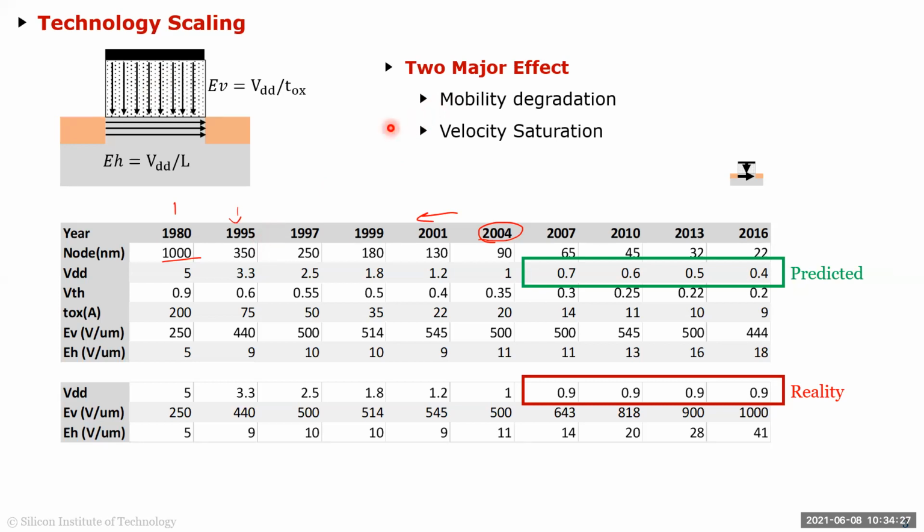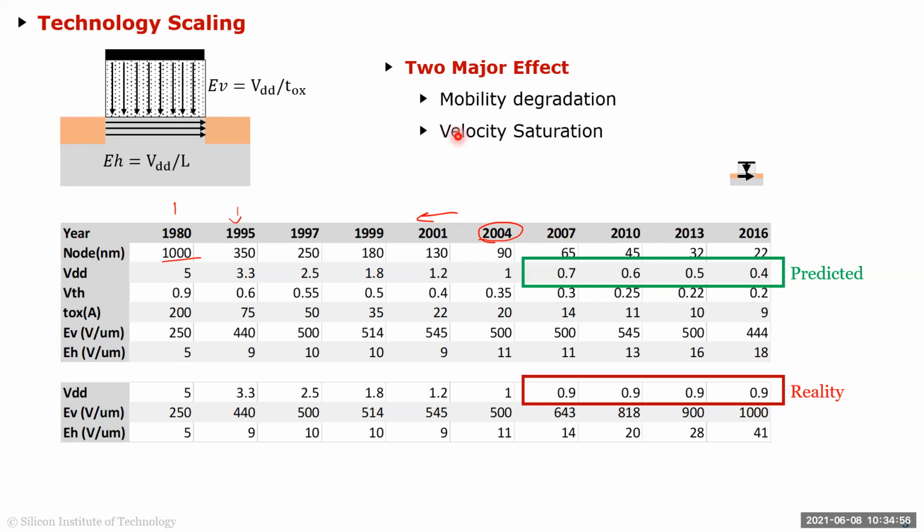So your IDS is mu times Cox times (Vgs minus Vt) whole squared. So if your mu is lower, for the same given gate voltage, your current will be lower, which means that in a digital sense, the resistance of that MOS switch is going to be higher. So your time constant will be higher, which means that you cannot switch it as fast as you want, right? So that's the result of having a mobility degradation.